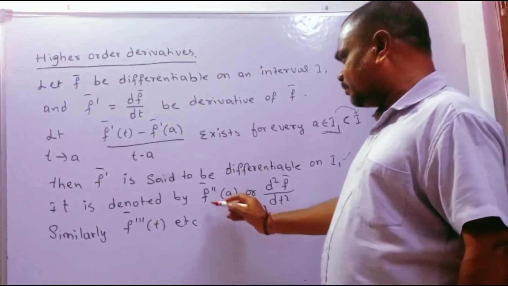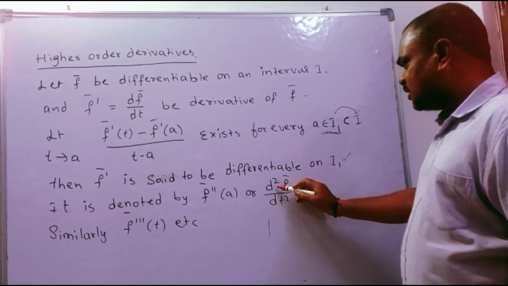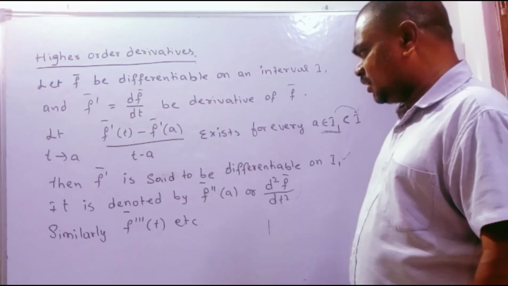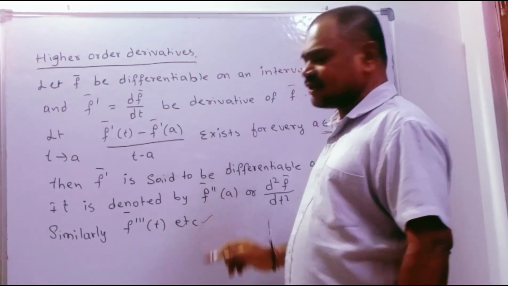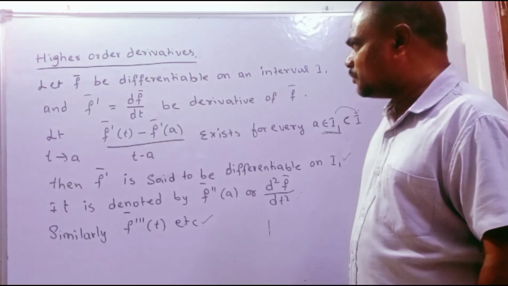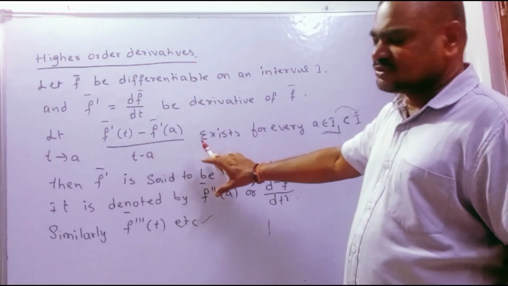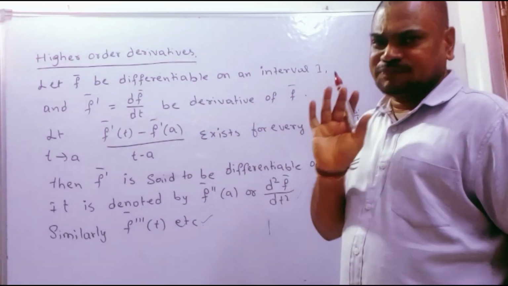It is denoted by f bar double dash of a or d square f bar by dt square. Similarly, we define f triple dash of t, etc. So we define higher order derivatives like that, the higher order derivative of a vector function.